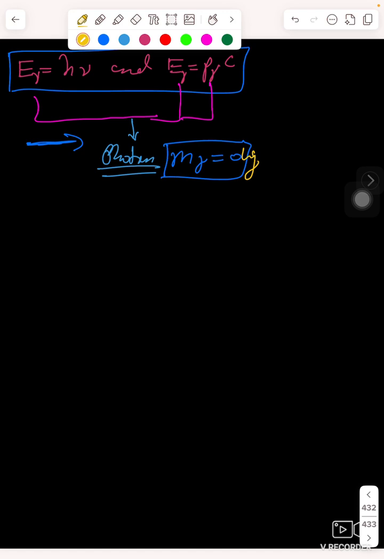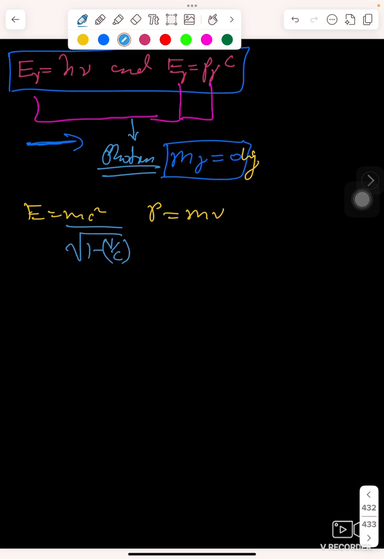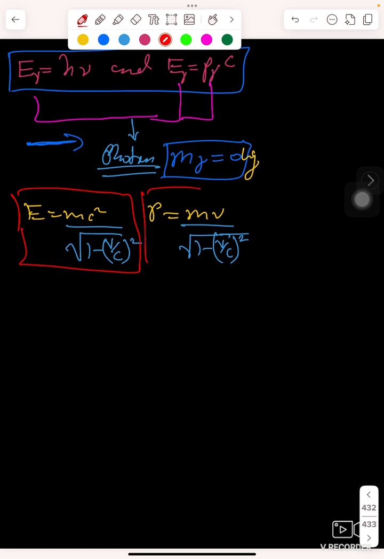Now, if I write E equals mc squared and p equals mv, and divide by the square root of 1 minus v over c squared, and the same for here, this is the relativistic momentum and energy. But here we are talking about non-relativistic.